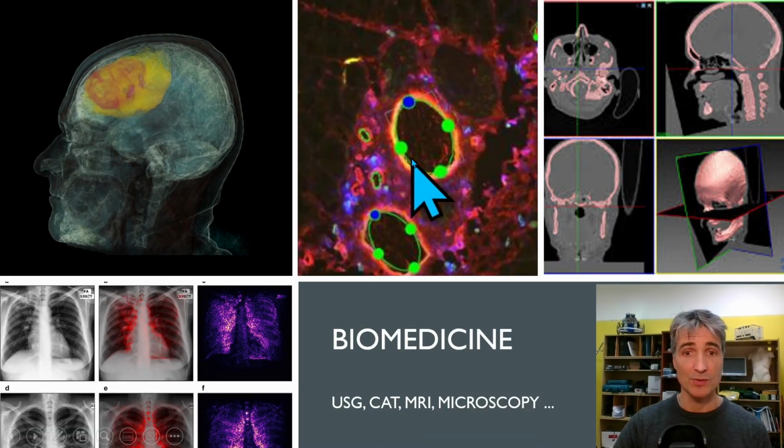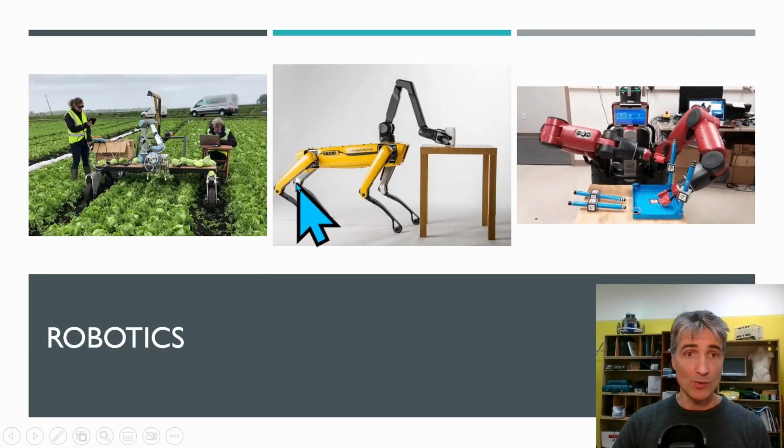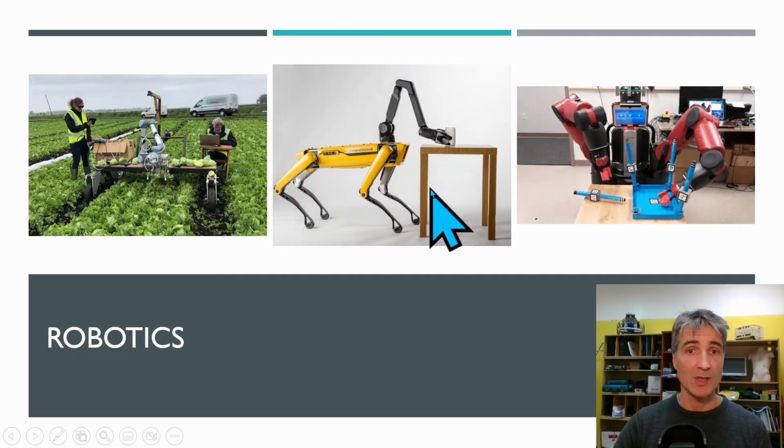We use it also in biomedicine because it's producing a great amount of images, and processing them just by humans is increasingly difficult. We can help to visualize some forms of pathologies like COVID or bleeding in the brain and many other things. And also we use computer vision in robotics.